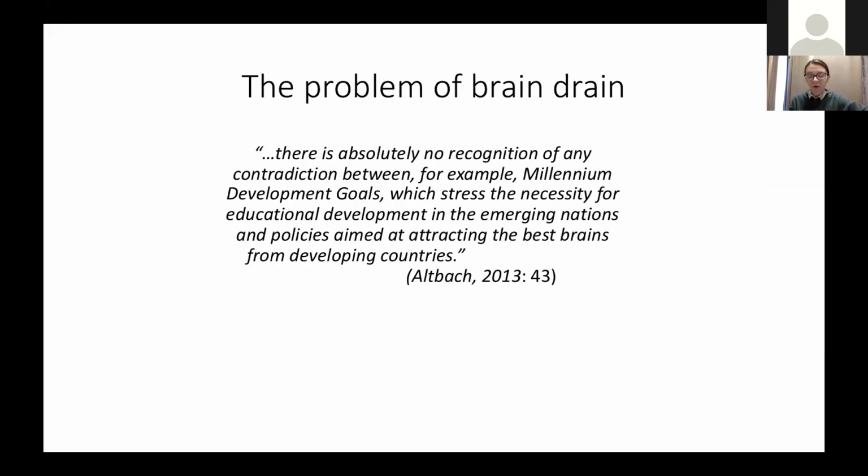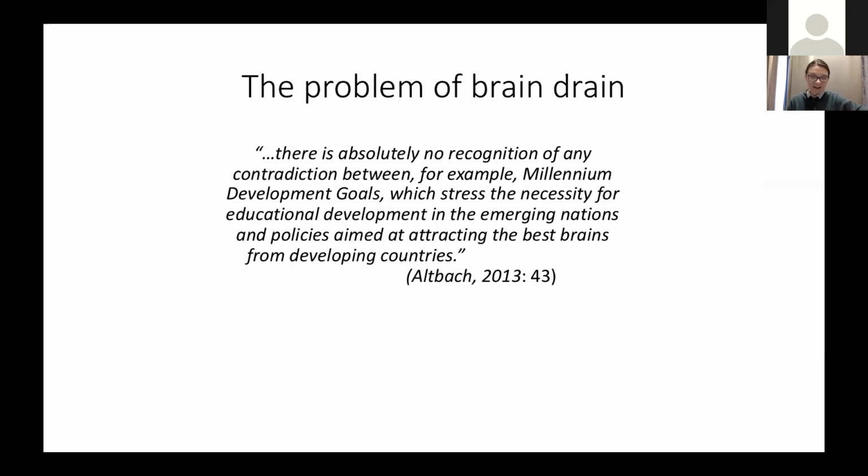However, the entire idea of attracting international students, attracting talent through internationalization, is somehow controversial. I'm here quoting the phrase of Philip Altbach from 2013.